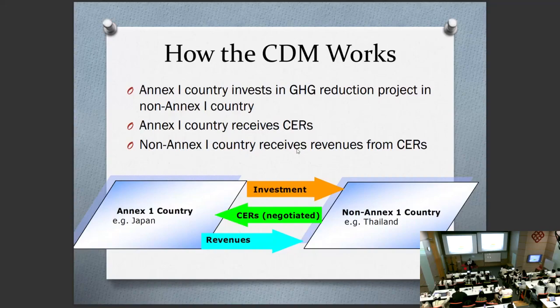We receive their investment, the transfer of the technology, and then create the job market and other job opportunities, improvement of the infrastructure, and get resources from the developed countries. Yeah, for example, the NS1 country could be Japan, they invest in a solar panel farm or other clean technology in Thailand, and they will get the certified emissions reduction credits due to that project.